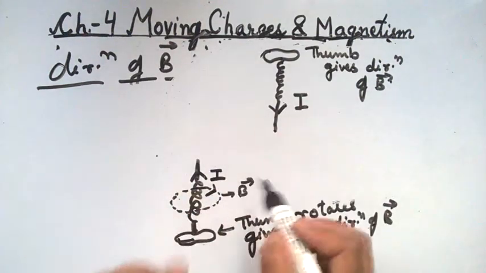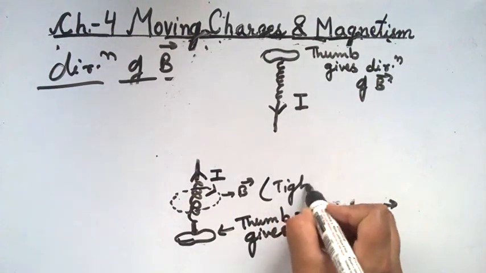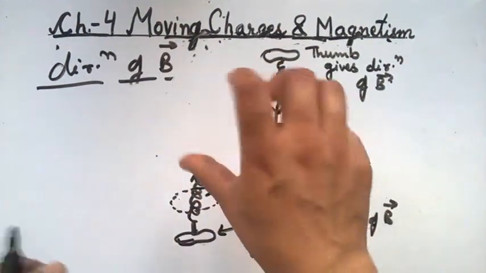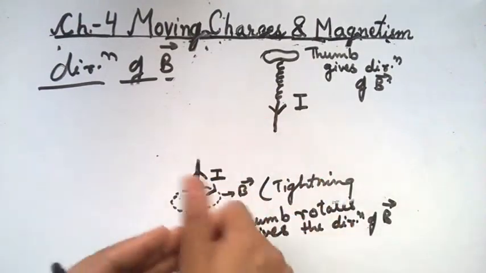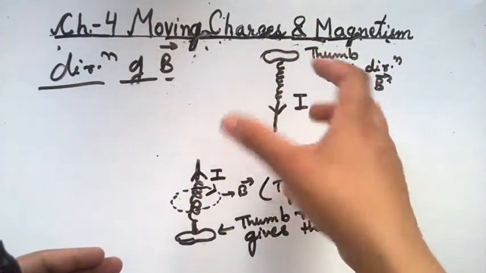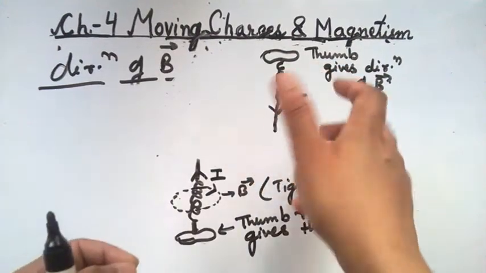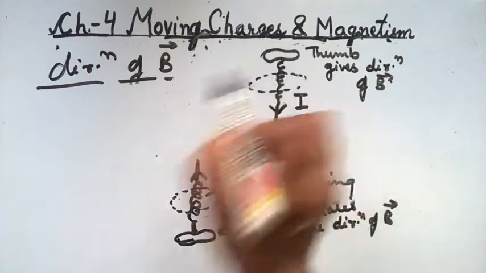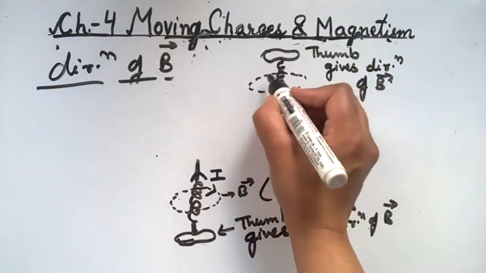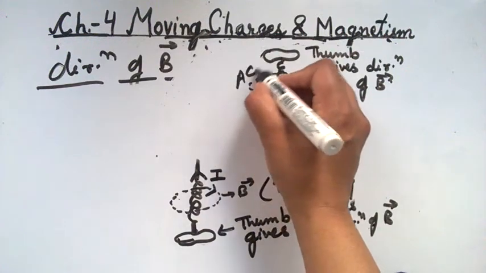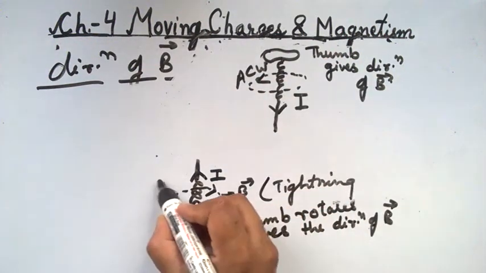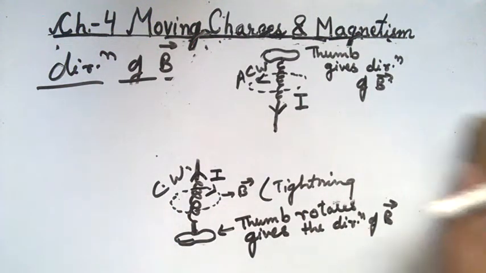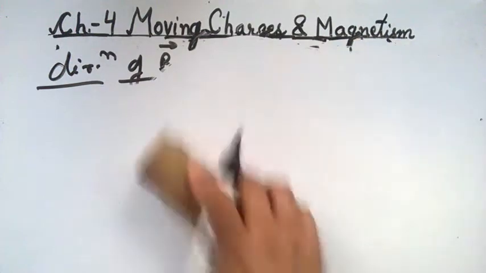Here we are tightening the screw. We can see when we close a tap, it is in this way. So here the thumb is in clockwise direction. Similarly, when we are loosening the screw, it is in anti-clockwise direction. So the direction in which the thumb rotates gives the direction of magnetic field, clockwise and anti-clockwise. So this is the way by which we can calculate the direction of magnetic field.